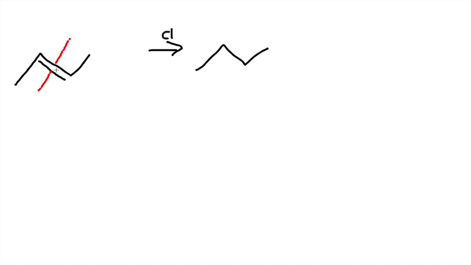Now one more example for the products. If we have this structure, and this is reacting with chlorine, and you were asked to draw the products for this, we redraw the molecule. And so if we cut this in half, we see that the left side and the right side are similar. So that means it would have one product.